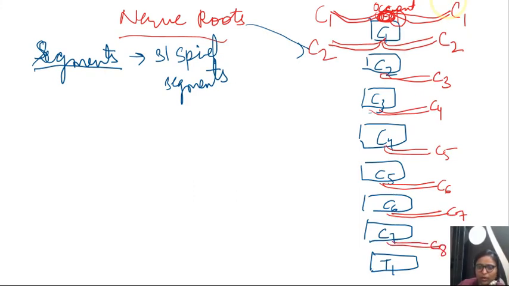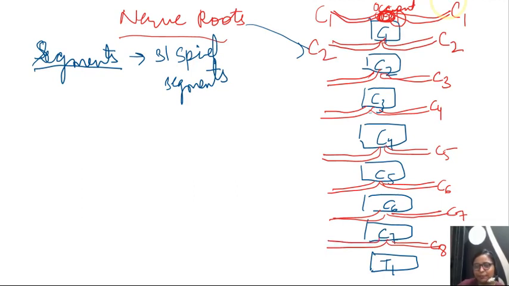Easy? Very easy, on both sides. It will follow the same fashion. Is there any difficulty up to here, or is it clear?